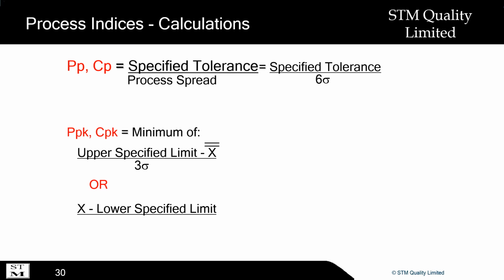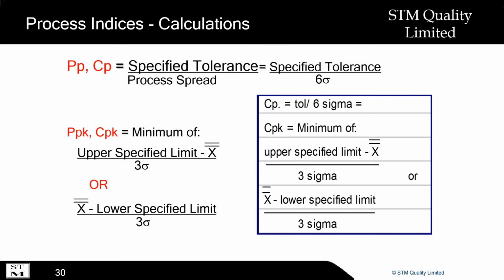However, PPK or CPK is equal to the minimum of the upper specified limit minus X bar bar divided by 3 sigma, or X bar bar minus the lower specified limit divided by 3 sigma. These are found on X bar and R charts.